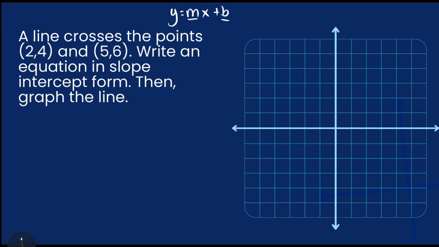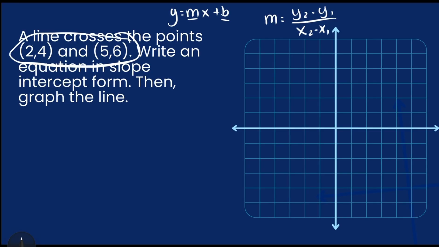But they don't give us any of those things, so we need to figure that out. If we remember that slope can be found using 2 points, and they give us 2 points, by doing m equals y2 minus y1 over x2 minus x1, we're going to use these 2 points to find our slope, to find our m.